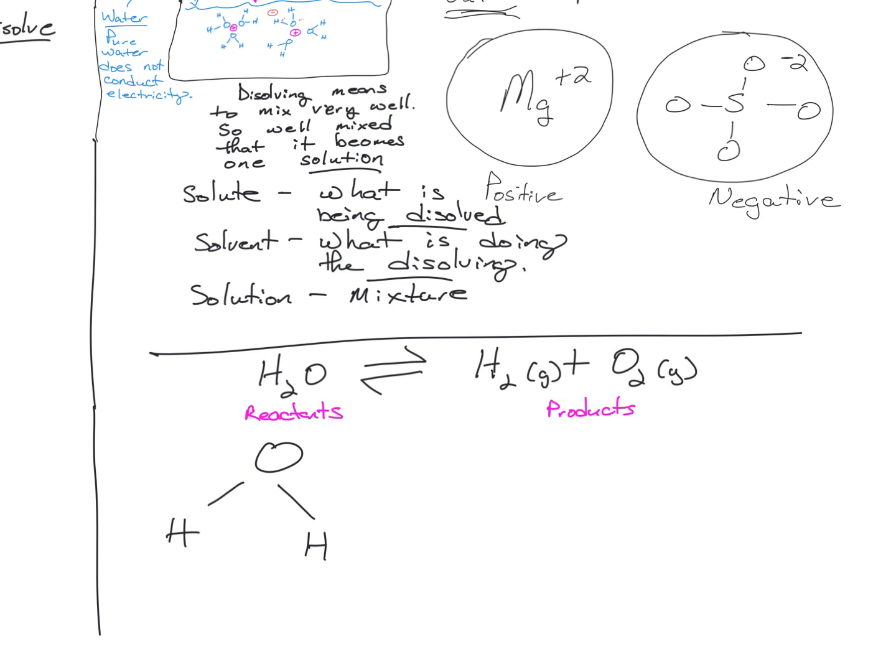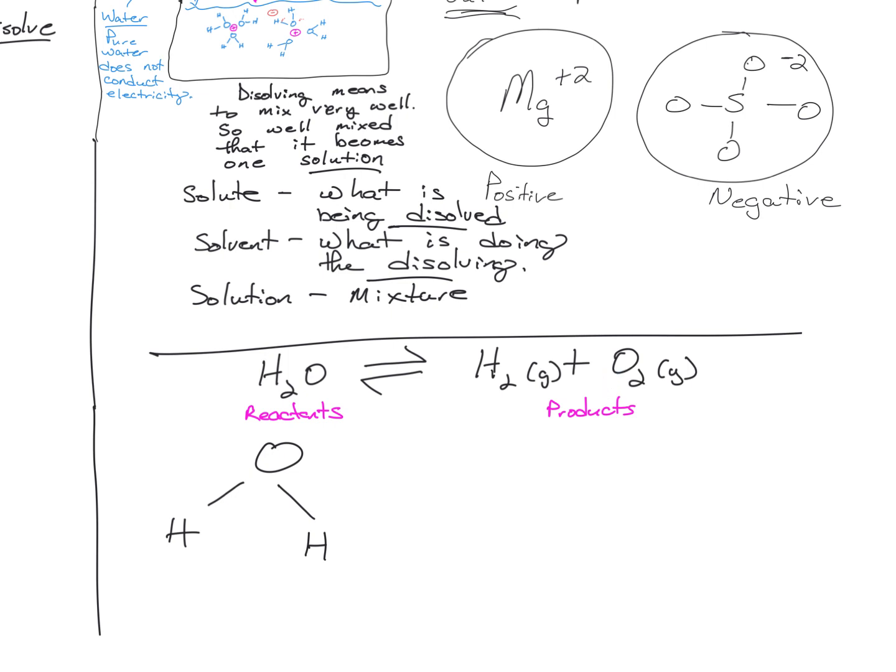All you can do is rearrange them. You can't create them or destroy them. So if we started with 2 waters and 1 oxygen, and we end up with 2 hydrogens and 2 oxygens, according to this, I'm creating oxygen. So I can't do that.